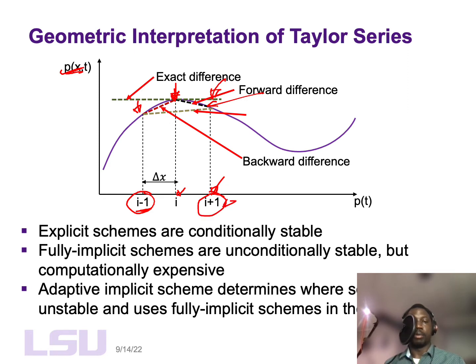Sorry, maybe before is not a good word. This is the previous point, right? This guy is the previous point, and this is the point that is forward with respect to I. And so it's central difference because you're using stuff before and after.